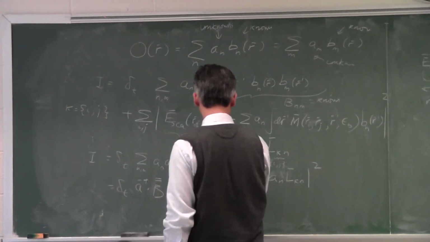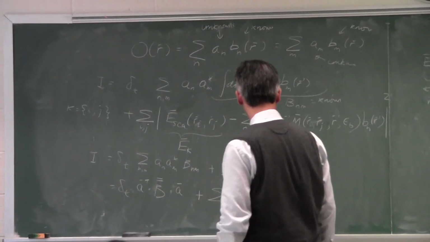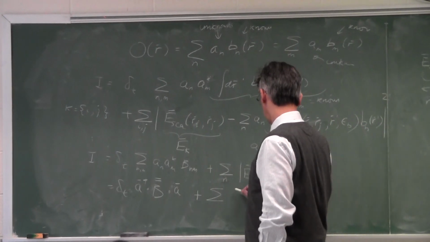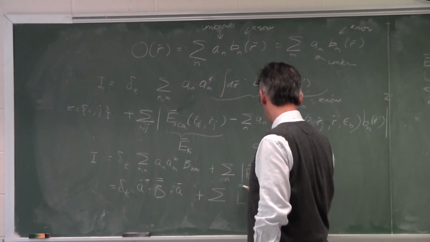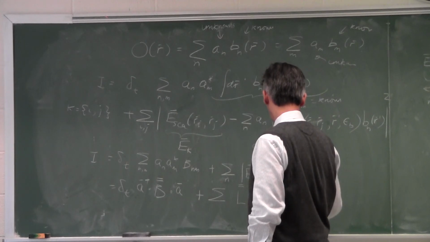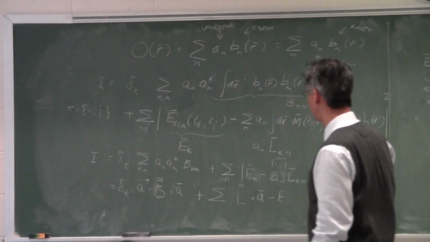It can be written as the matrix L dot with A minus E_k.